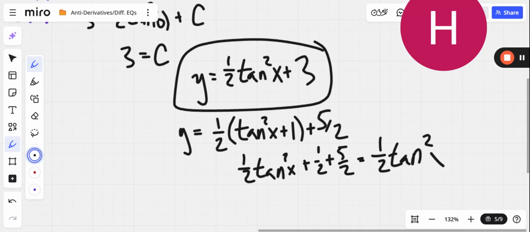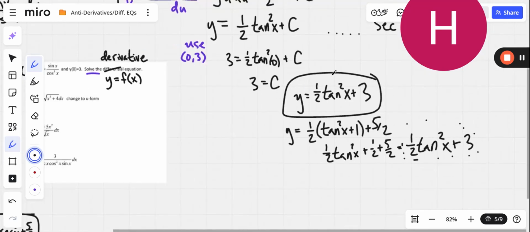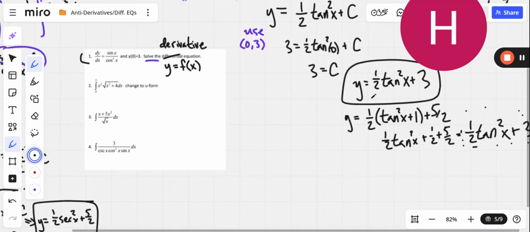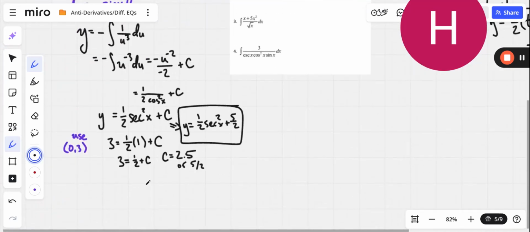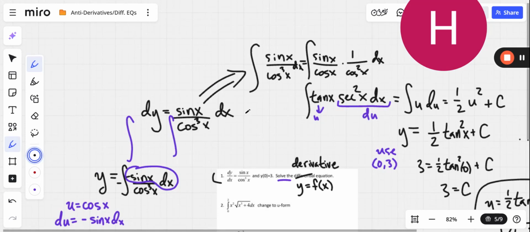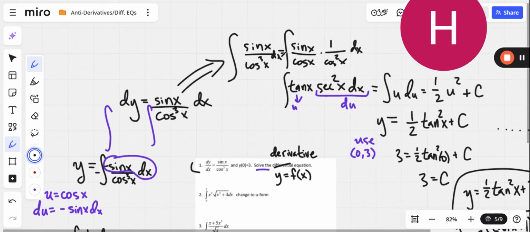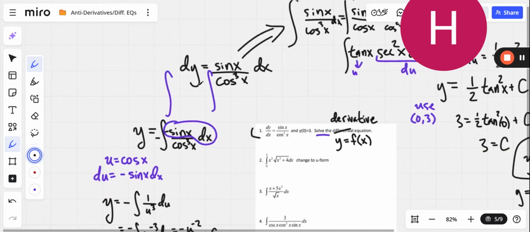So very interesting that you can get a completely different answer, or not completely different, but it looks different. It looks very similar but different answer by doing a different method of integration. And whichever one stands out to you the most, whether it's to split up this sine over cosine and this 1 over cos squared and then use a u-sub, or if it's just to sort of directly use a u-sub by looking at it and saying, hey, cosine on the bottom, and we have sine on top.